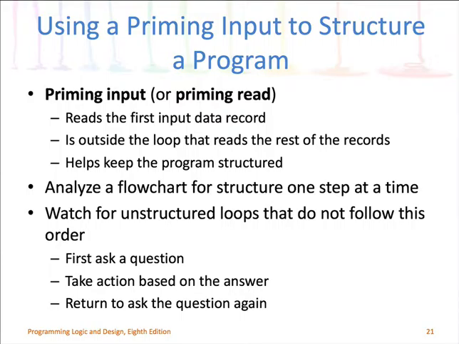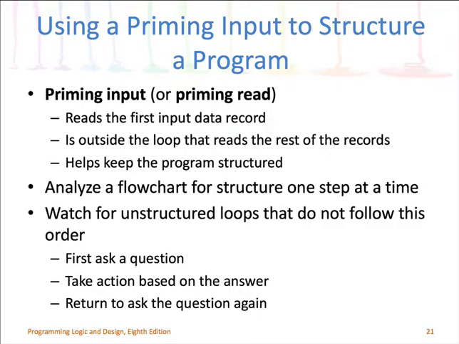The reason it would be called a priming read is a lot of times you're reading that value from the user or from an input file. So it reads the first record outside the loop, and then you have a loop that decides whether to process that line and then handles the reading and processing of future lines. So we will look at that in a moment.